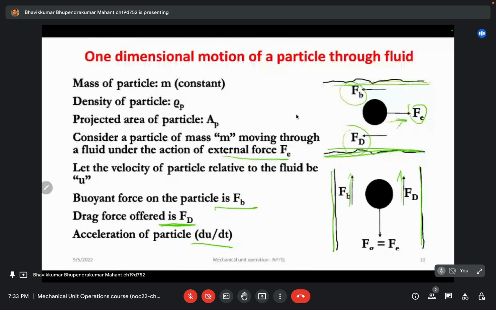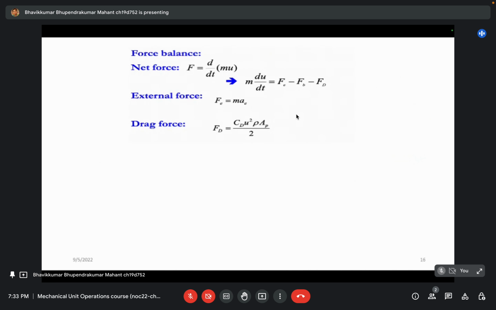So if you want to find the final equation of the drag force, or derive the equation of the terminal velocity, then you need to consider the force balance. So here the net force F is equal to m times acceleration, so m d by dt of u. m is a constant value, so you can take m out: m du by dt. F external is in the same direction as the flow. Then the buoyancy force and drag force are in the opposite direction.